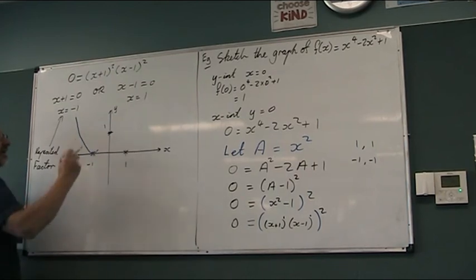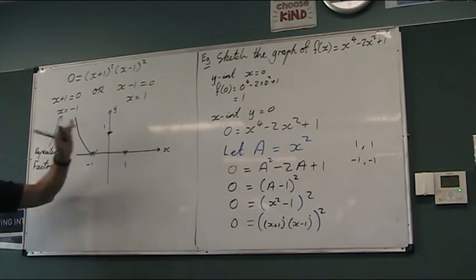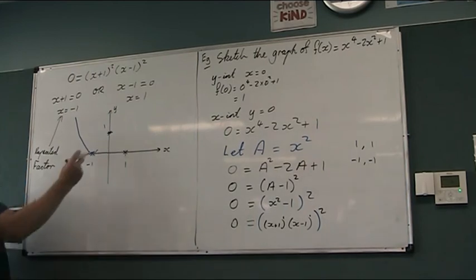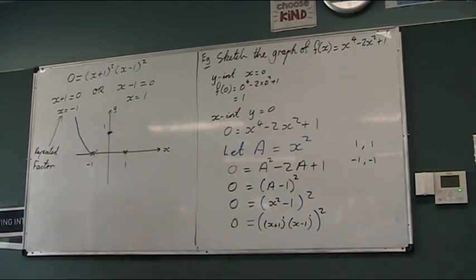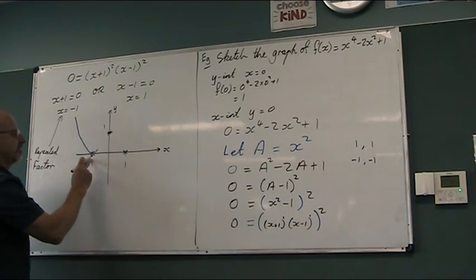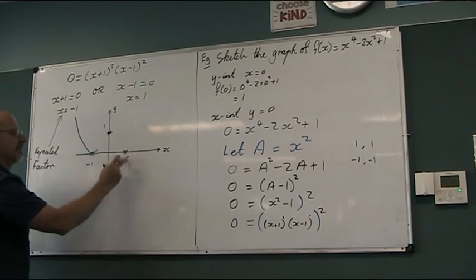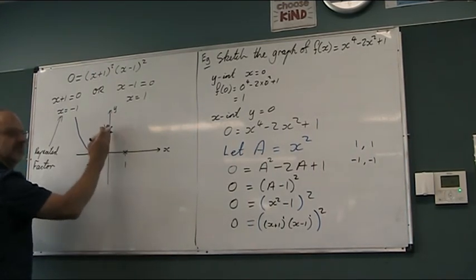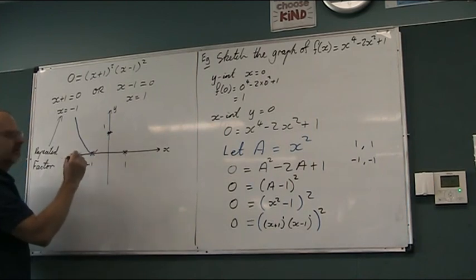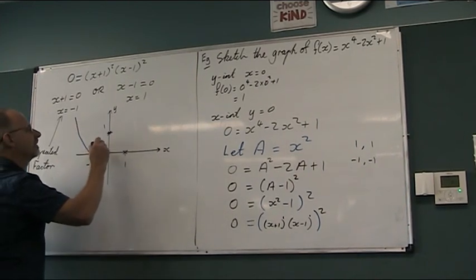What do you think's going to go on here for this particular one? Anything special? It has to go down to the 1 again, and this is the middle of there, so it's probably going to be a turning point, isn't it?